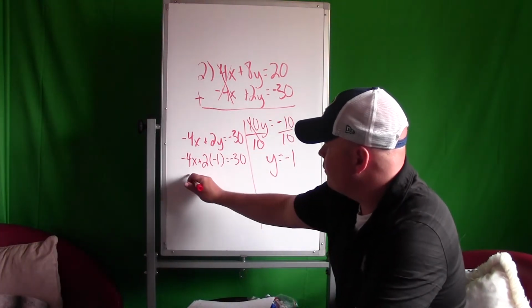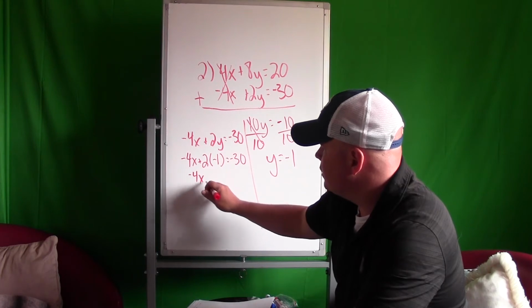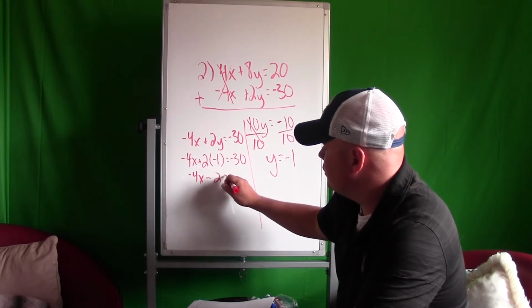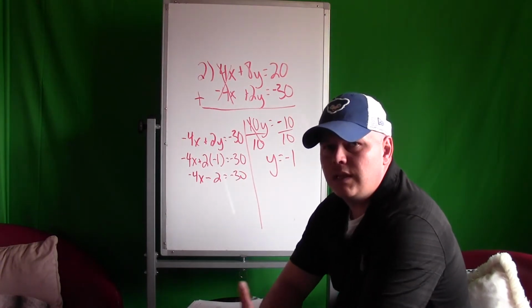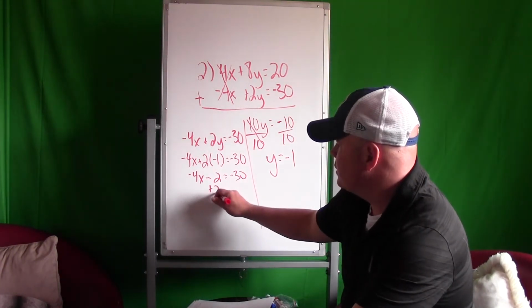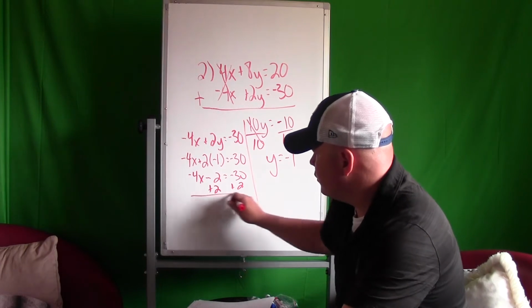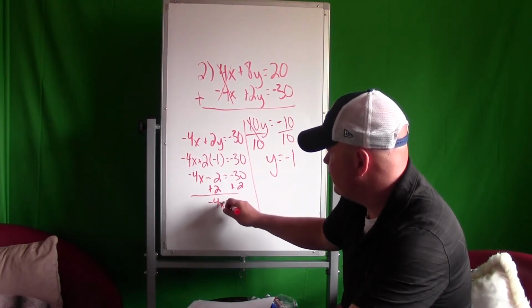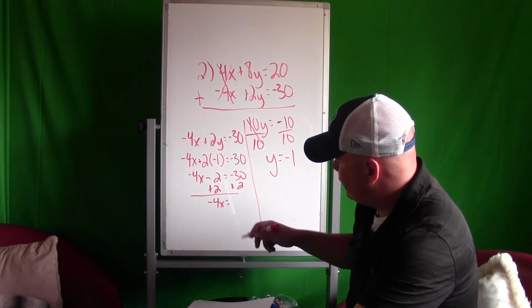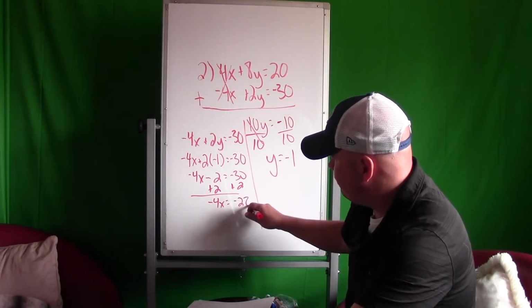Okay? Then I'm left with negative 4x minus 2 equals negative 30 after I distribute it in. Then I'm just going to isolate by going plus 2, plus 2. Negative 2 plus 2 is 0, so that goes away, and I'm left with negative 4x on this side. And negative 30 plus 2 is negative 28.